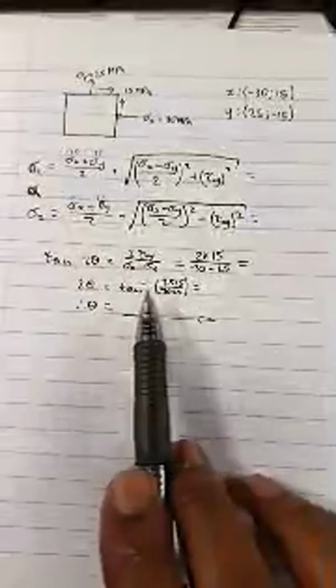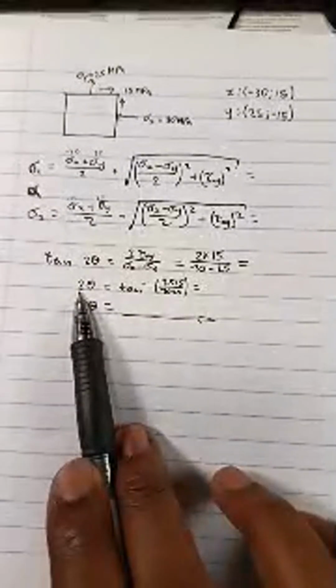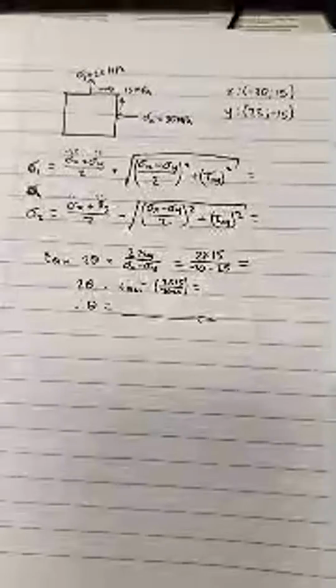Then we get the answer, then we divide that by 2, therefore theta will equal to whatever value. So whatever value that you're getting here, when you press your calculator, you'll divide by that 2, and then you'll get the theta value. So this is how we will find that.